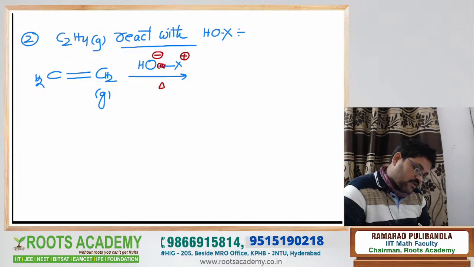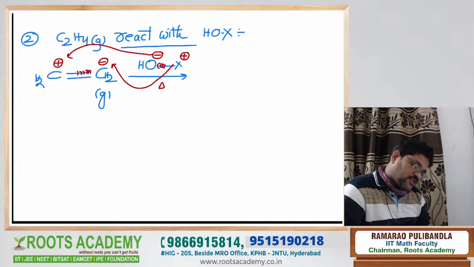Now here the pi bond shifted to one of the carbon sides. Shifted like this, and you get a negative charge and we get a positive charge. Now OH minus attacks the CH2 plus, X plus attacks the CH2 minus. By that, what did you get? You get CH2OH single bond CH2X.